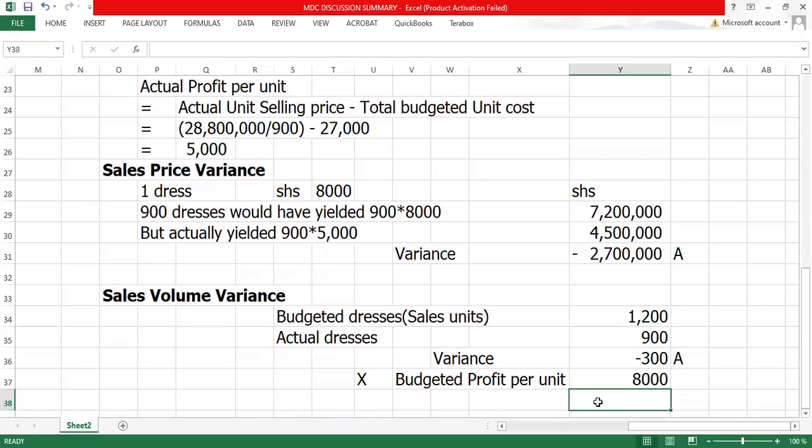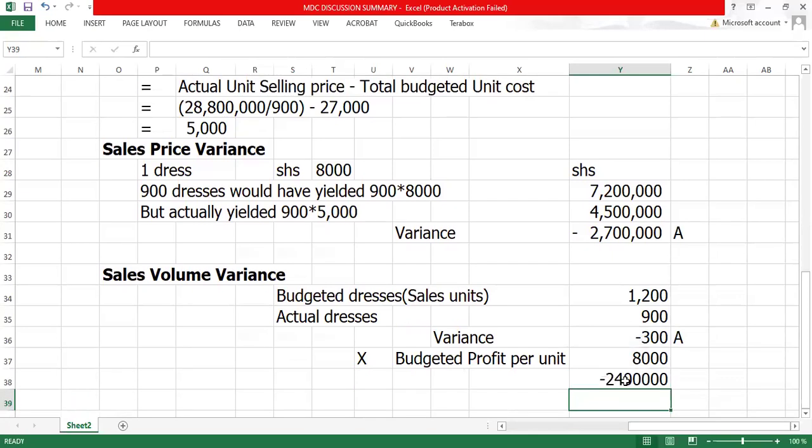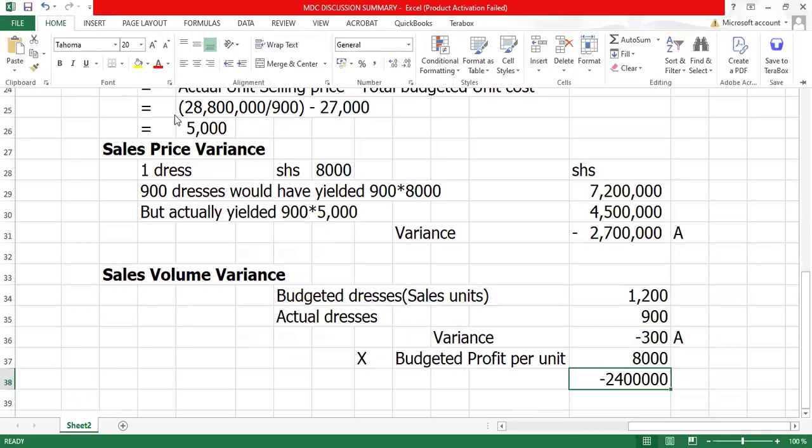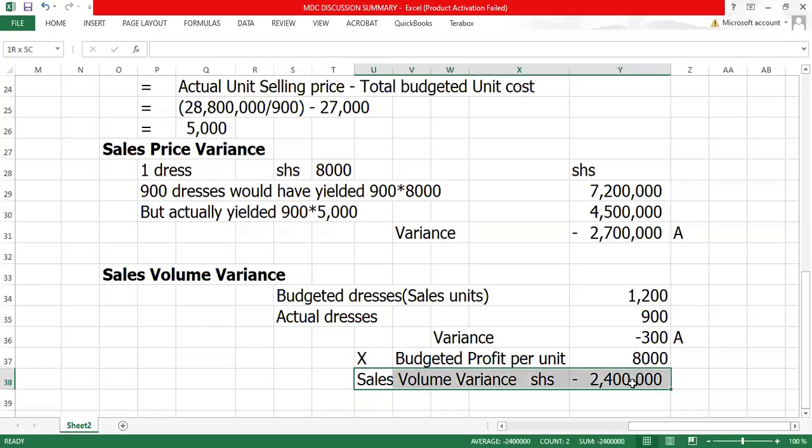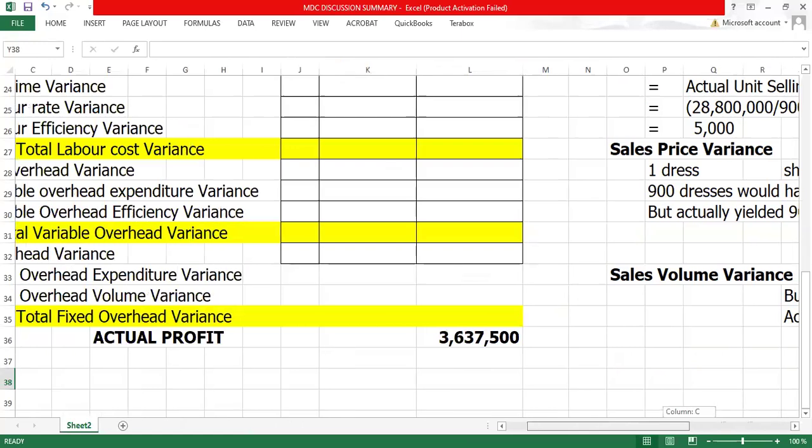Yes, I think yes. Okay, so here you get the amount, which you should report in your template, and you're done with this one. This is your sales volume variance in terms of amount. So you report this.